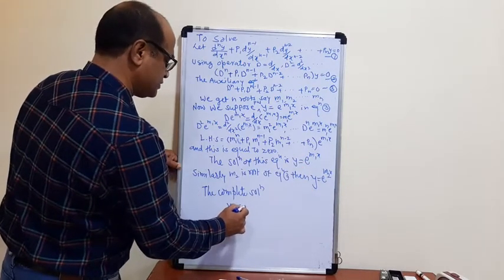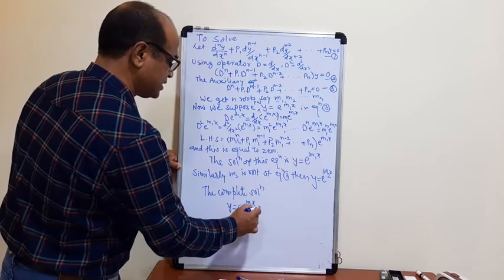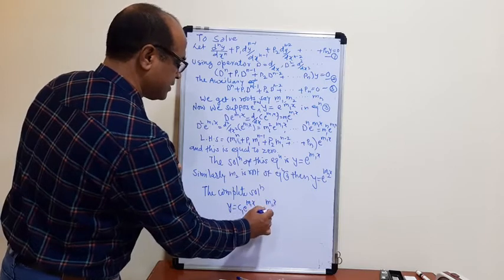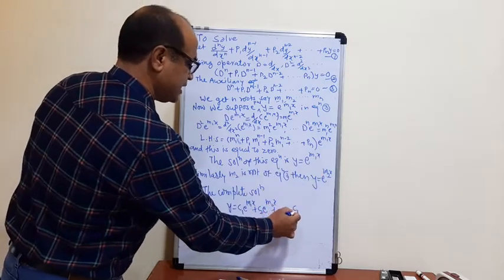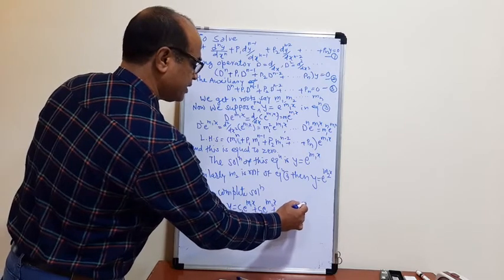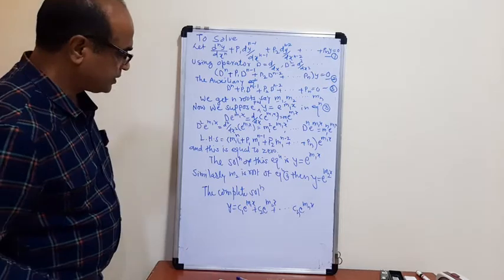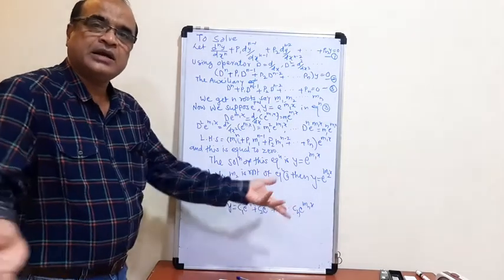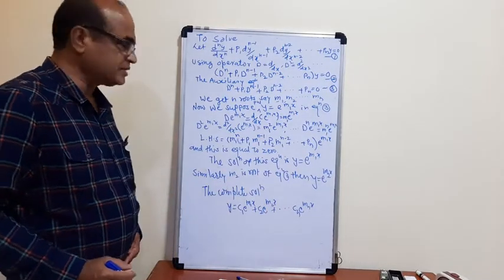C1 e raised to m1x plus C2 e raised to m2x, and so on, plus Cn e raised to mnx. So this is the complete solution. C1, C2, up to Cn are n arbitrary constants. Why take those constants?